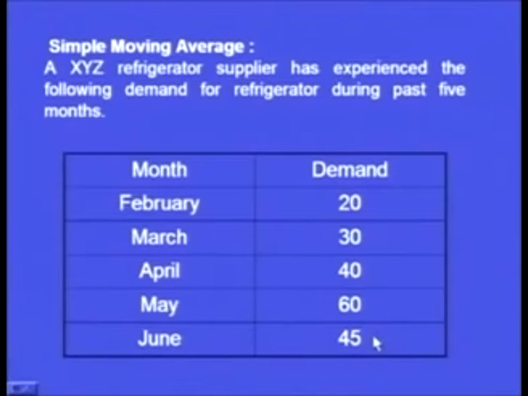So, the trend is not increasing, it is, we can say, a cyclic trend. If we had more data available with us, we would easily be able to find out what type of trend it is, whether it is a cyclic trend, a random variation, a very erratic variation, or a seasonal variation. Depending upon the data availability, we can easily establish what type of variation there is in the demand with respect to time.